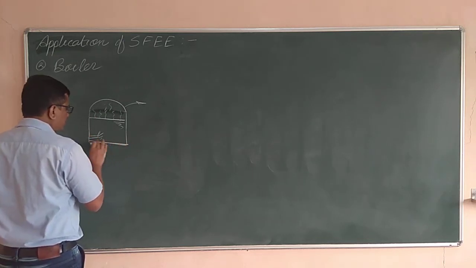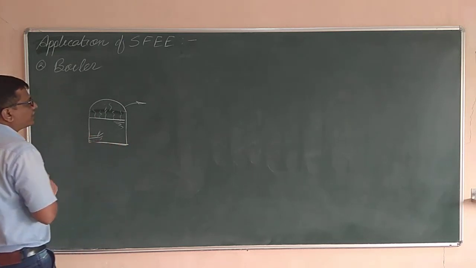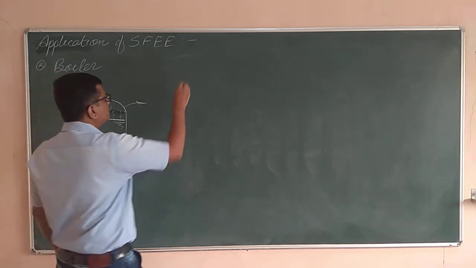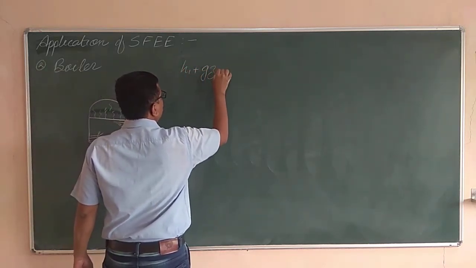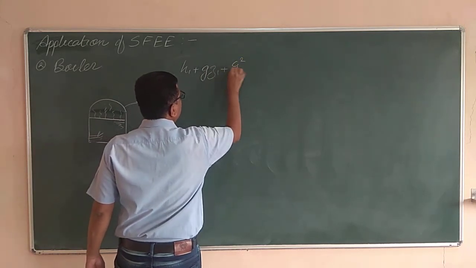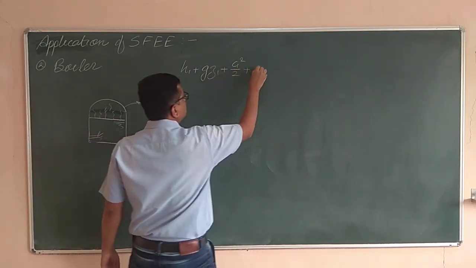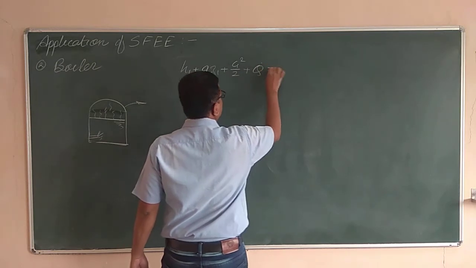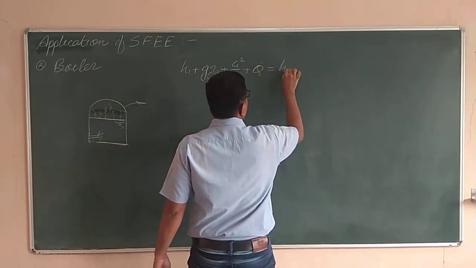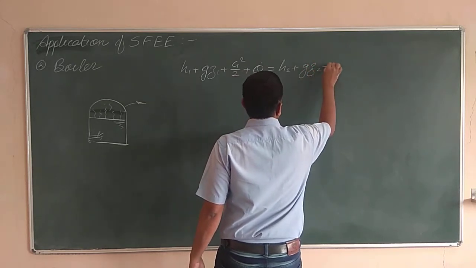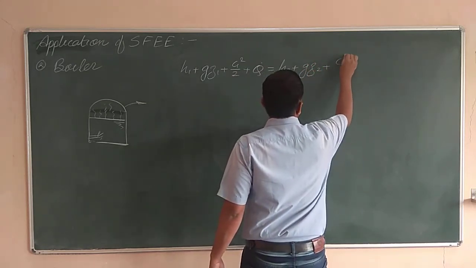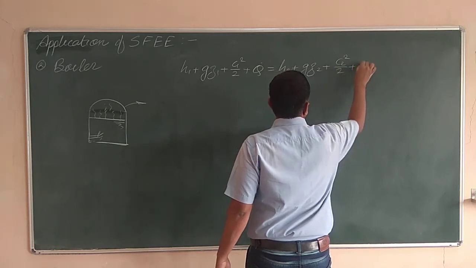Next, we are going to apply the steady flow energy equation. What is the steady flow energy equation? This is H1 plus gZ1 plus C1 square by 2 plus Q dot is equal to H2 plus gZ2 plus C2 square by 2 plus W dot.